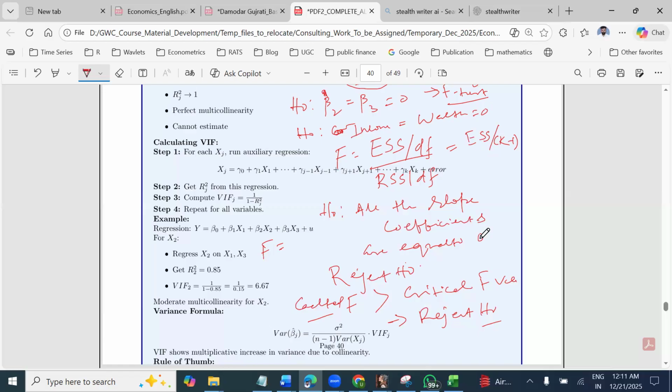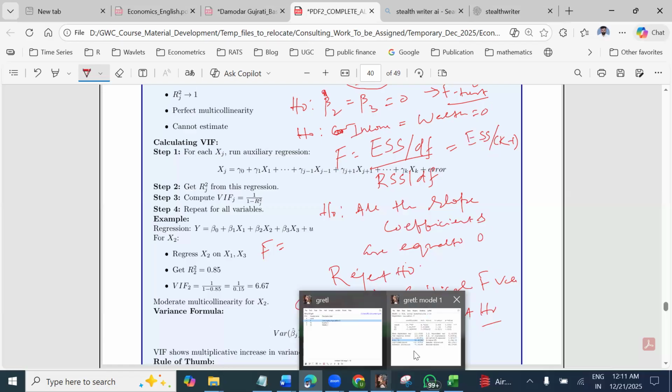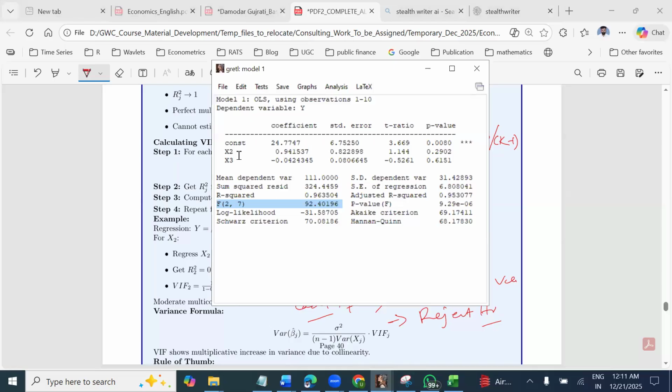Like for example, in this regression, what is my K? X2, X3 are not K. They are the variables, na. Coefficients are the parameters.